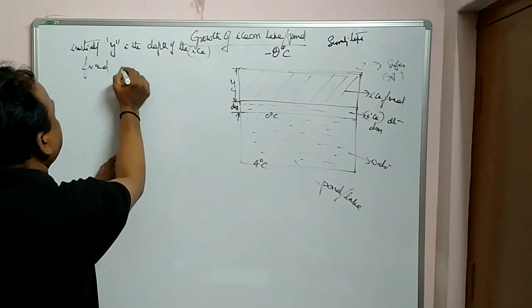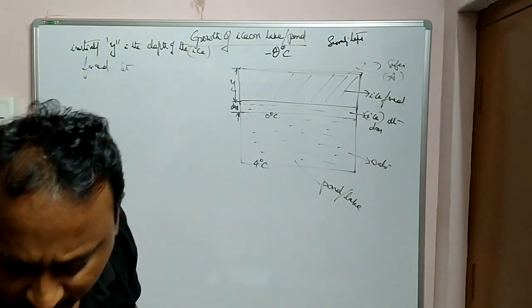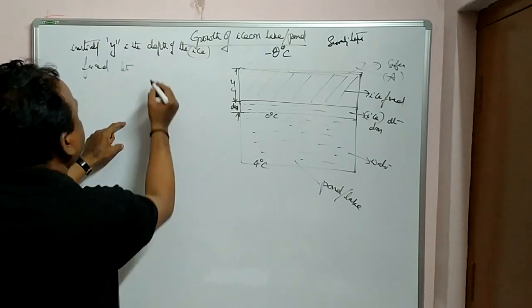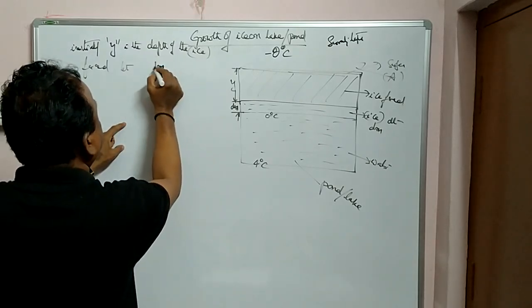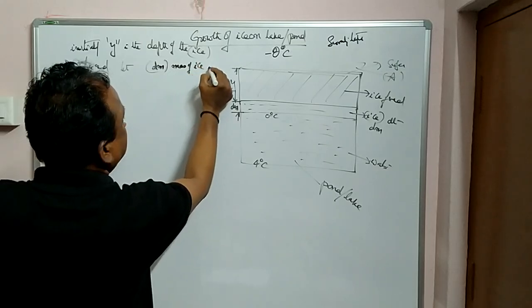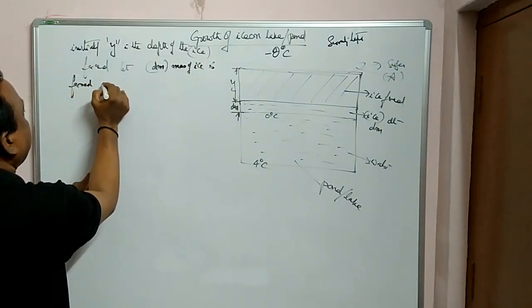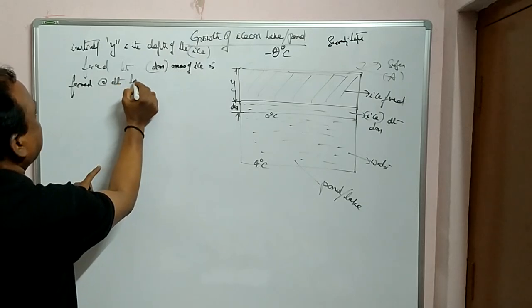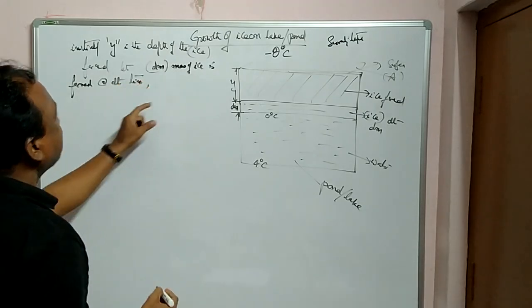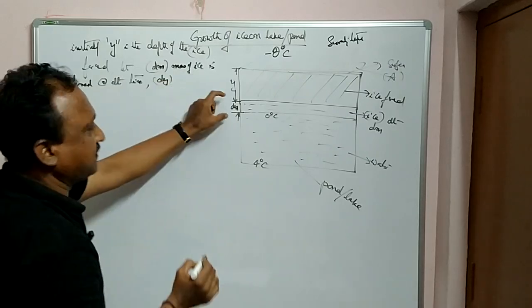Let this y depth be already formed. Now let dm be the mass of ice formed in a dt time. So dy thickness is formed.